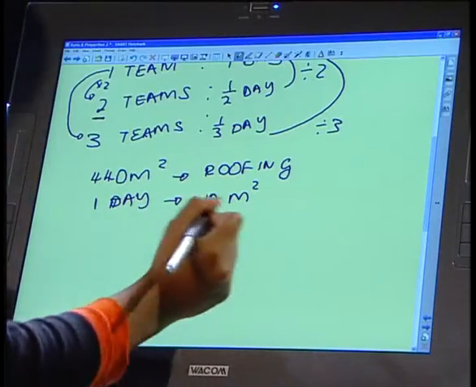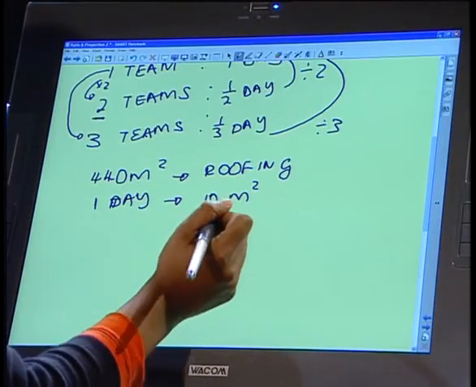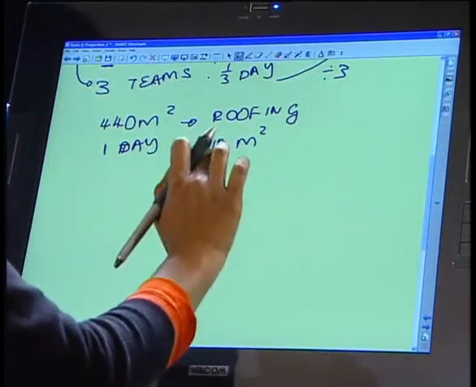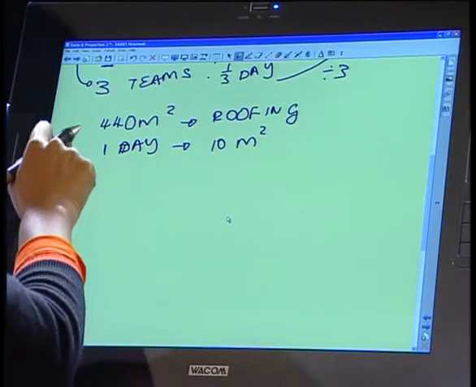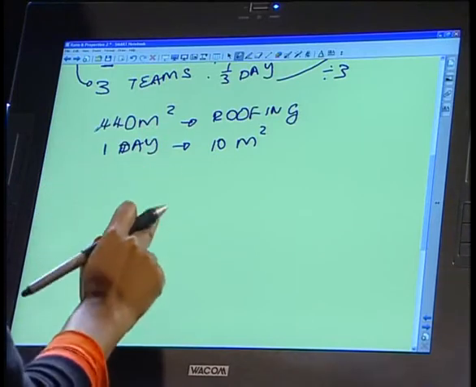So firstly, in this part of answering this question, we're looking at the direct proportion. We know that 1 day will take 10 squared meters. So as I increase the amount of roofing, I'm going to obviously increase the time it takes to put up that roofing.